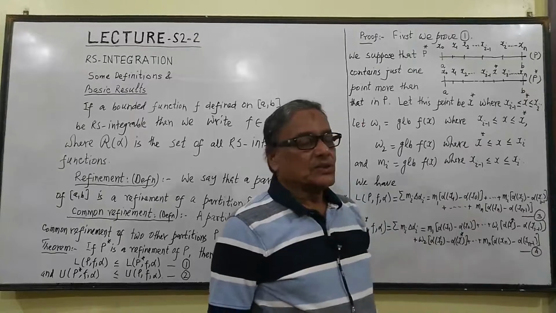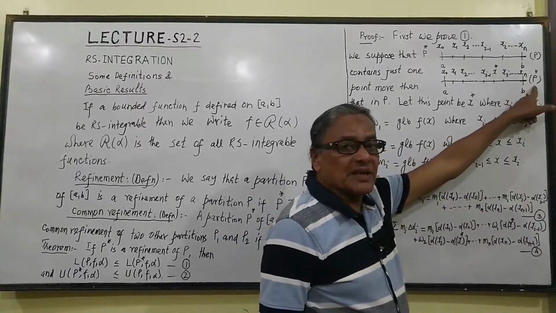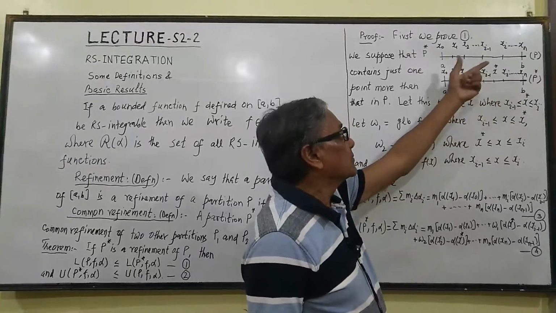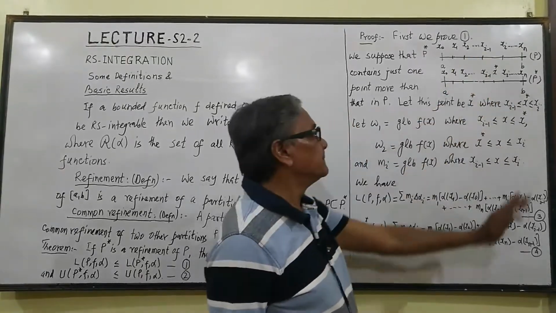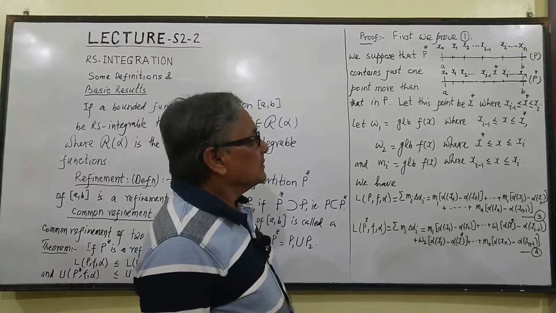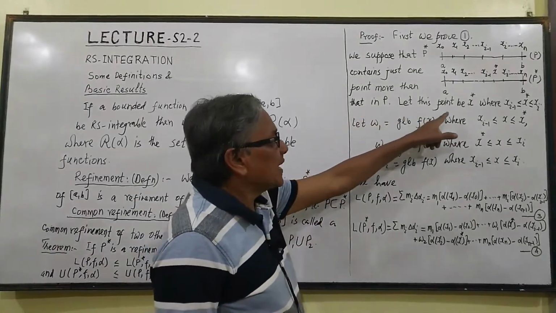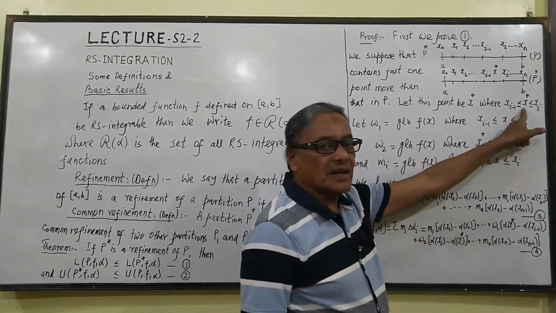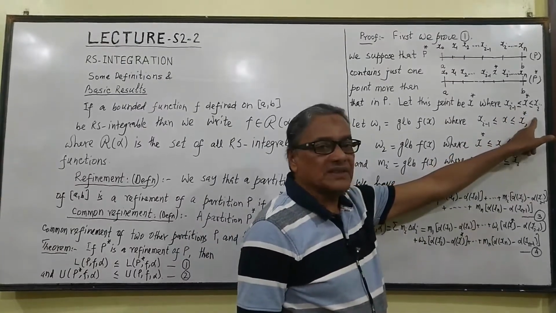So this partition P star consists of just one extra point x star other than those in the partition P. Let this point be x star, where x star lies in between x(i-1) and x(i).